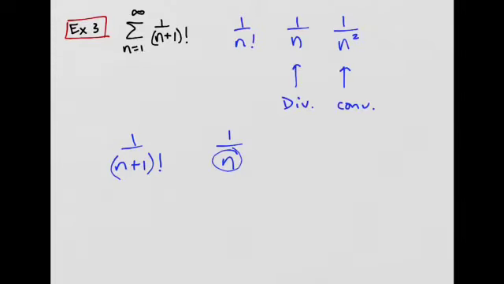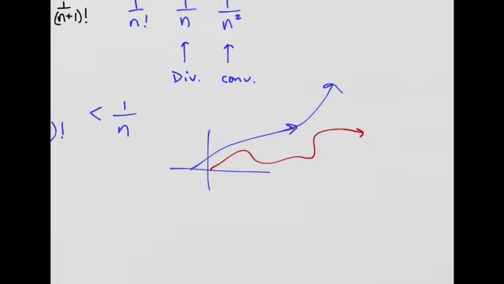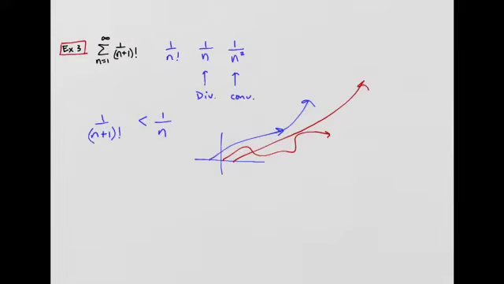So if this is smaller, then this fraction is greater. So this one's greater than this one, which means I have my greater function, and that diverges up forever. So actually, I don't know whether this one converges or also diverges. I have no idea. So this does not help at all.